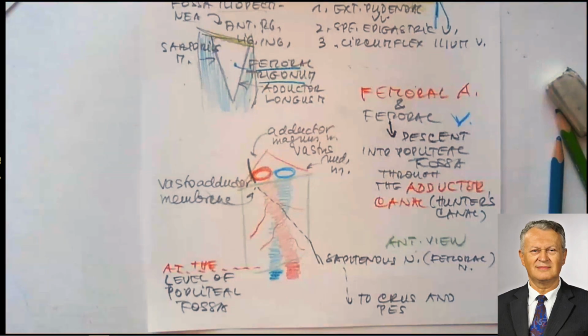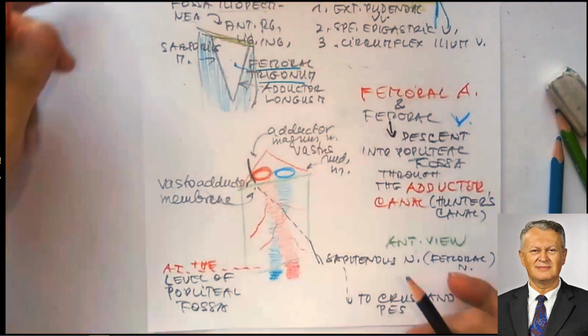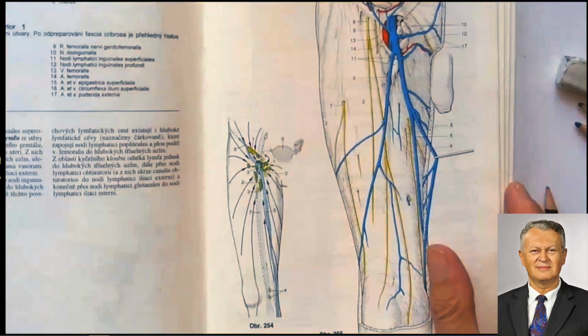Then follows the posterior femoral region, which is easier to see. And as usual, we try to look at some diagrams, because it's not bad to see the anterior region. So look at the anterior region.